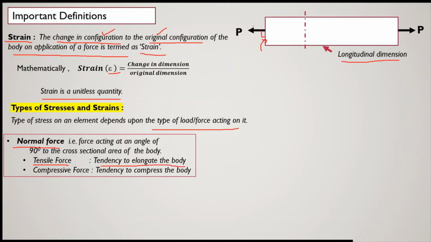In this figure, this is a tensile force, this force is stretching the body outward. If this force is able to elongate and deform it, then it has the tendency to increase the length of the member. So a tensile force always has the tendency to elongate.